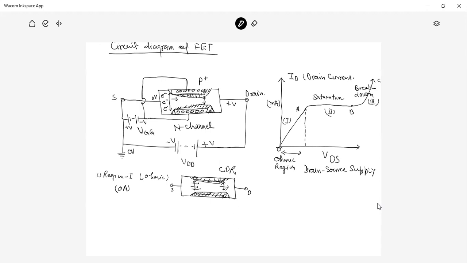The second part is the saturation region. Region 2, that is saturation.